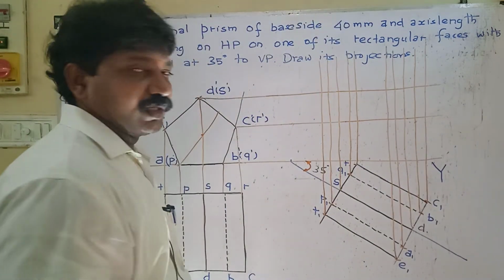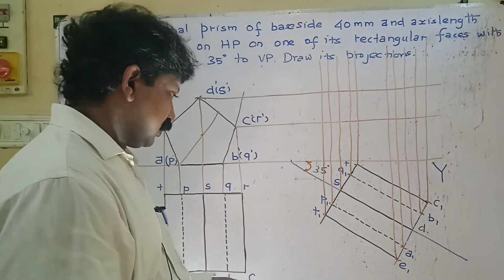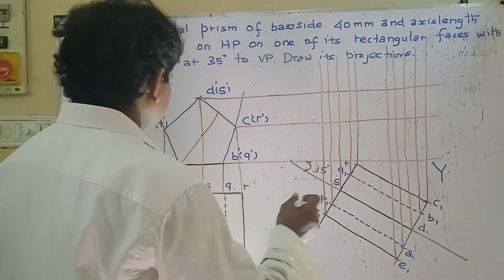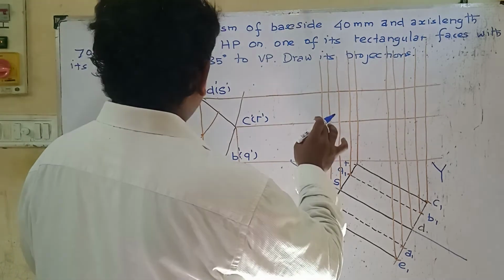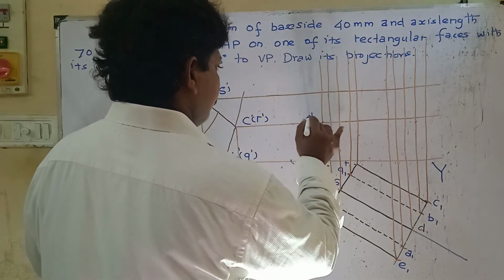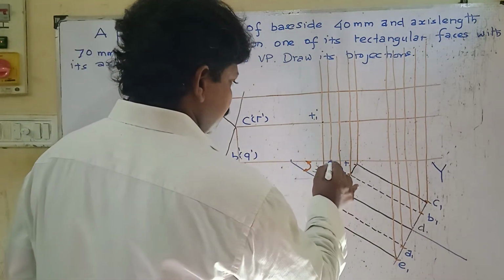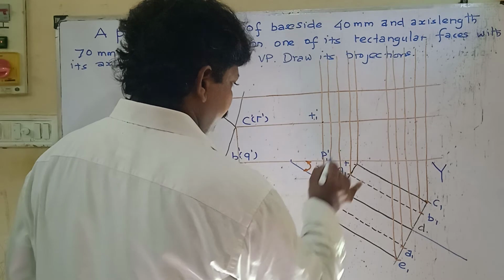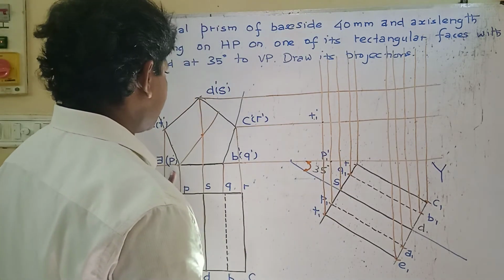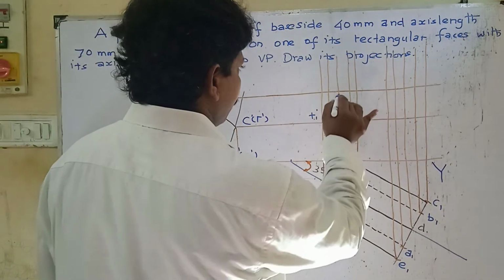Now mark all intersecting points. T1 and T dash intersecting point as T1 dash. P1 and P dash intersecting point as P1 dash. S1 and S dash intersecting point as S1 dash.